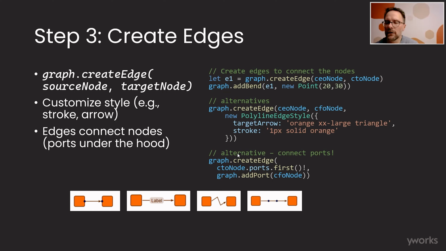And if you're dealing with ports, you can also work with the ports. If there's a port already declared, you can get the first port, for example, from one of the nodes, or add a port to another node and then create an edge between those. So this is how you connect nodes.